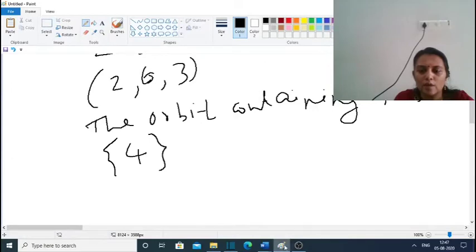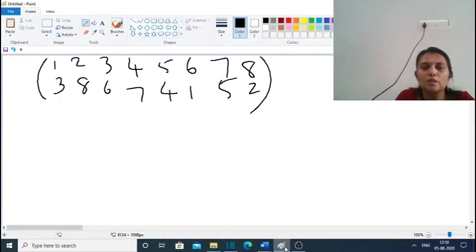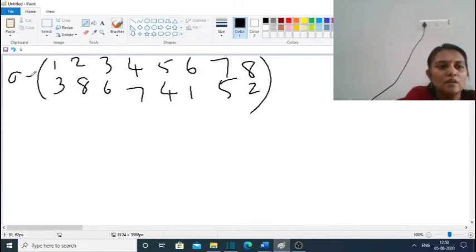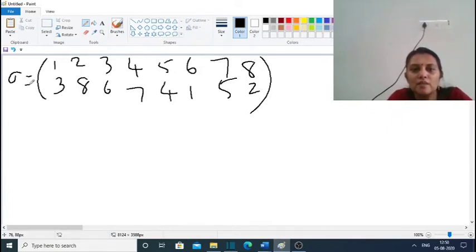Now we have one problem. Now the problem is: let A be the set {1, 2, 3, 4, 5, 6, 7, 8} and sigma be the permutation sigma = (1 2 3 4 5 6 7 8 / 3 8 6 7 4 1 5 2). Find all orbits of sigma.